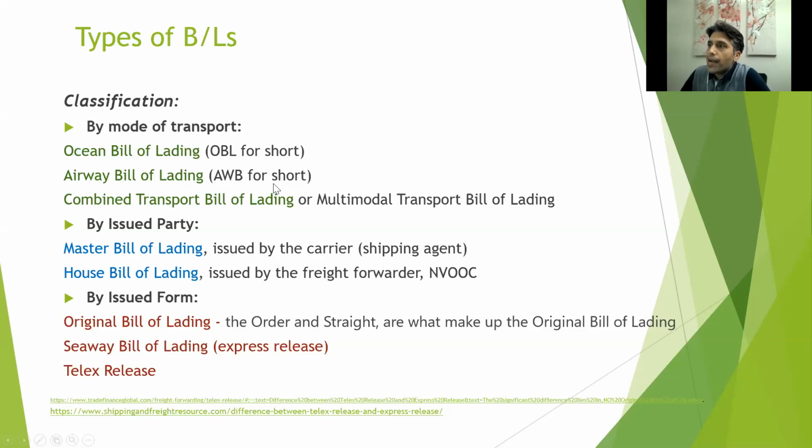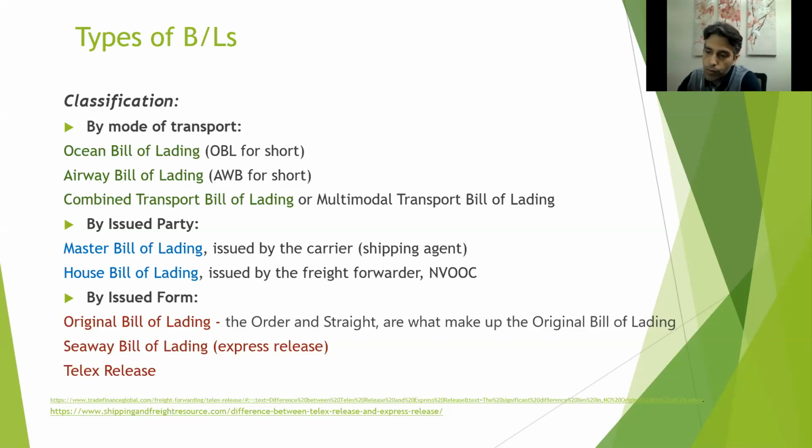And also we have the multimodal transportation BL, which is used when we combine different modes of transportation together. For example, if you're importing something from India and you want to deliver the goods in Ottawa, you are combining water transportation together with highway transportation.